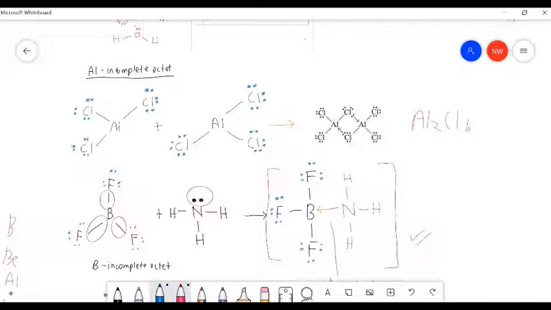As you can see here, both aluminiums have an incomplete octet. So the lone pair on chlorine will be donated to this Al, so it makes the Al become octet. So this is the structure for Al2Cl6. If you want to show the formation of Al2Cl6, you have to start from AlCl3 plus AlCl3 and then you show the dative bond.